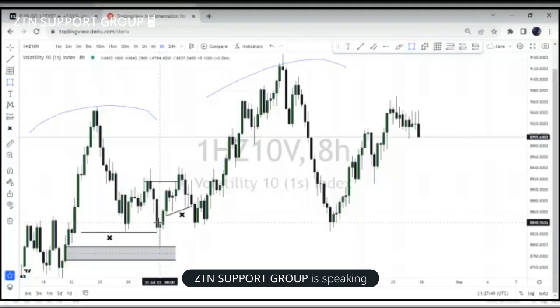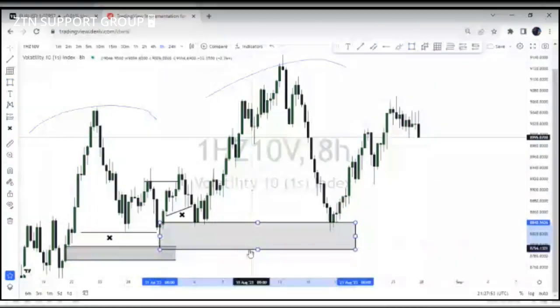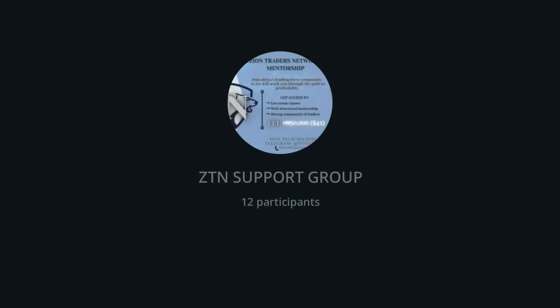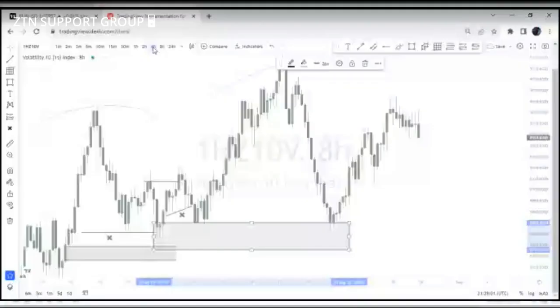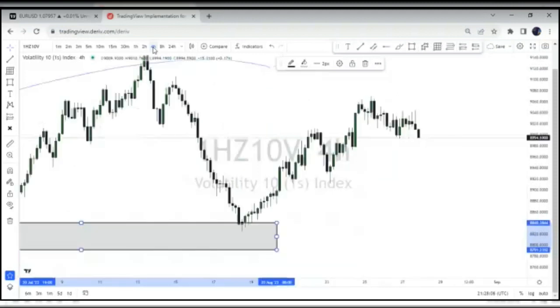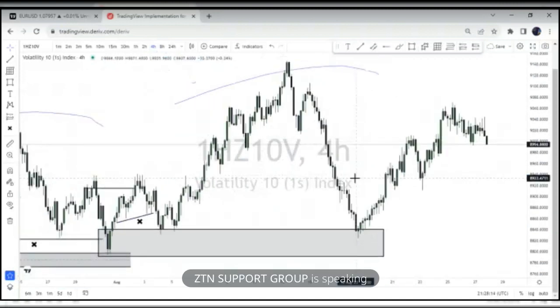All right, now let's go to the 4 hours again and see something. Now these lows were swept.